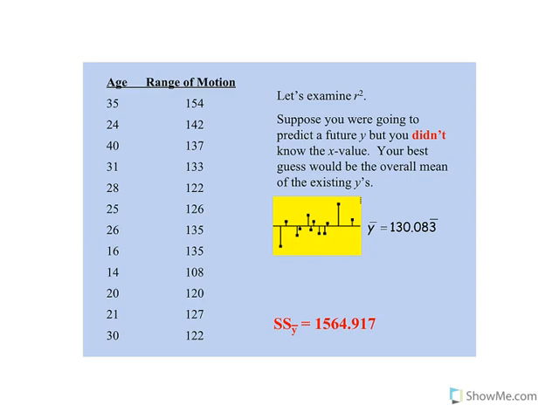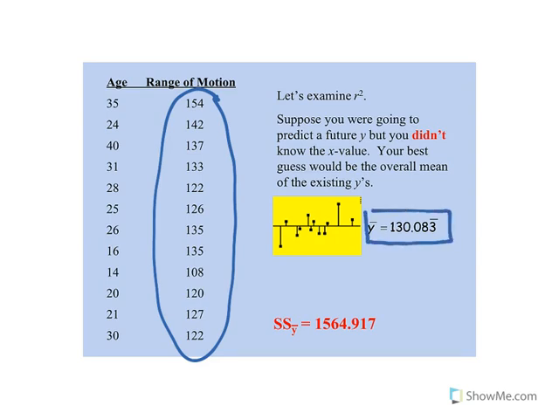Well, if the doctor doesn't know your age or anything about you, their best guess would simply be to take all the Y values for the surgeries they've done and calculate Y bar, or the mean. So if your doctor calculated the sample mean for all their surgeries, they might be able to tell you, on average, you should expect 130 degrees of flex.